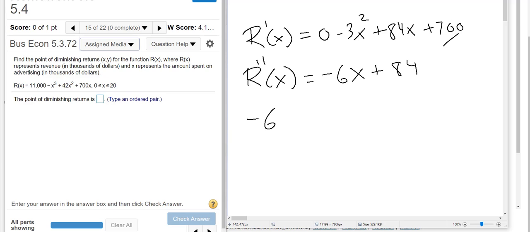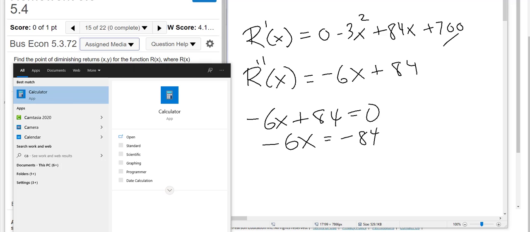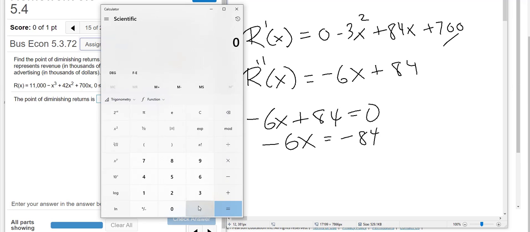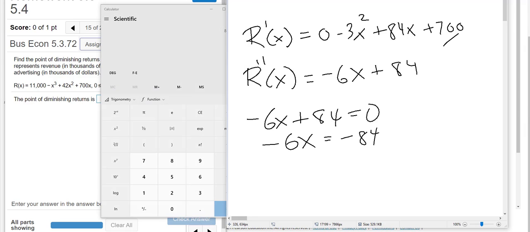We set this equal to 0. Negative 6x plus 84 equals 0. Negative 6x equals negative 84. And then we divide to see what that number is. So negative 84 divided by negative 6. That's going to be x is a positive 14.